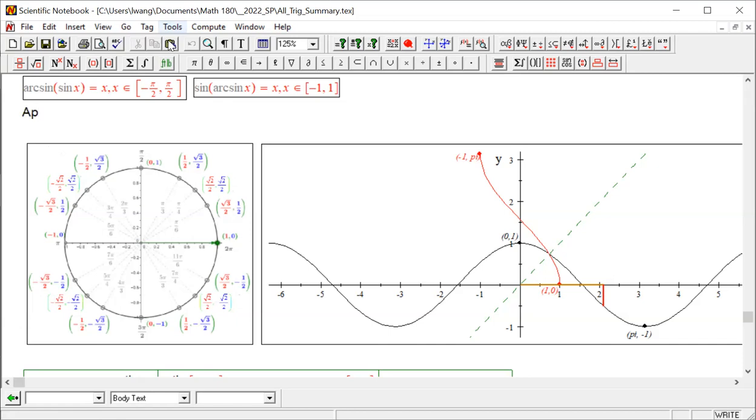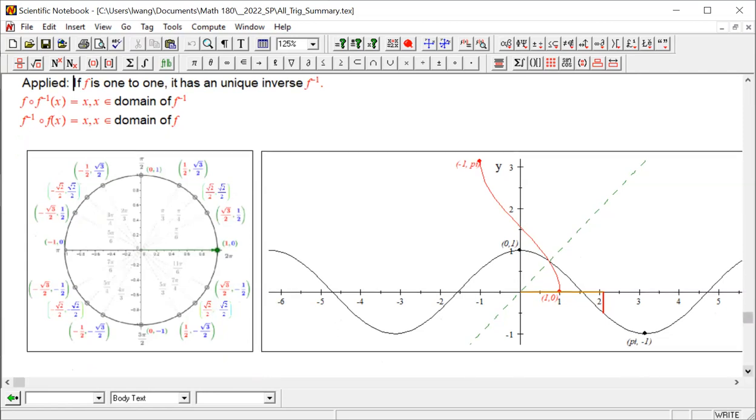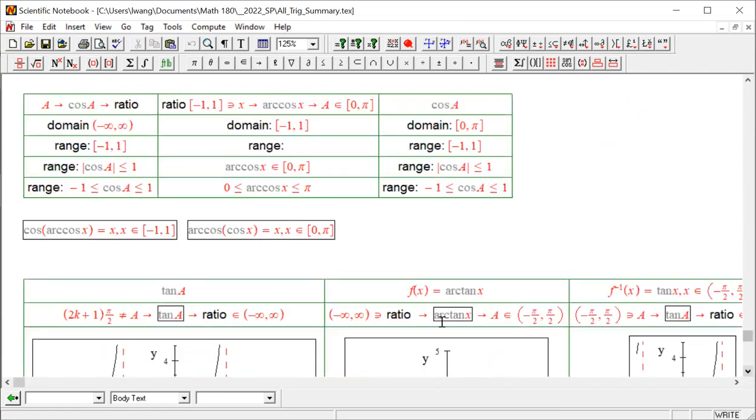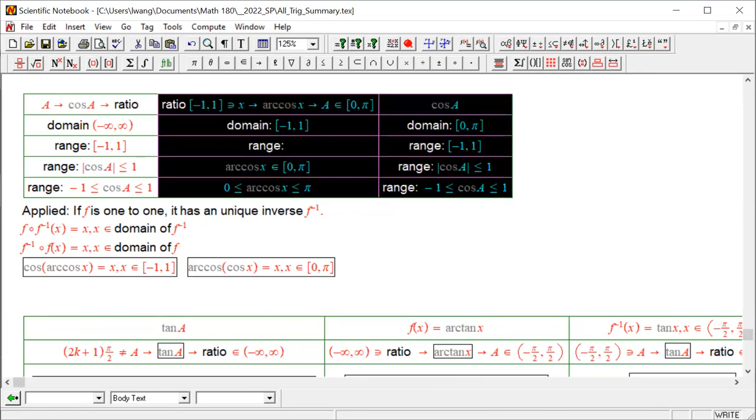We applied this piece to arc sine and its inverse, and we also applied that property to arc cosine and its inverse one more time. So we each have the same theme of discussions.